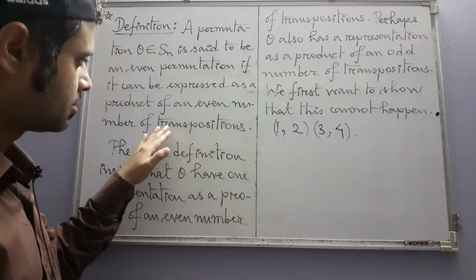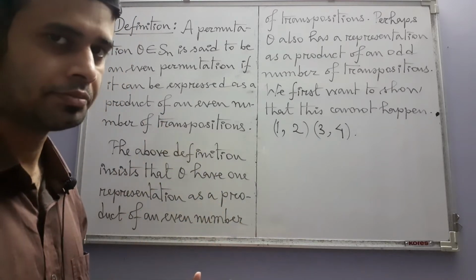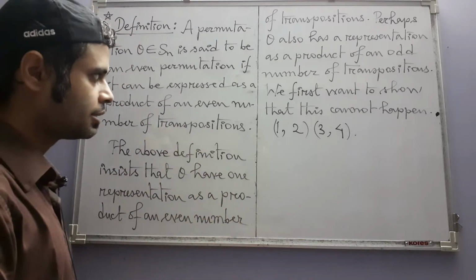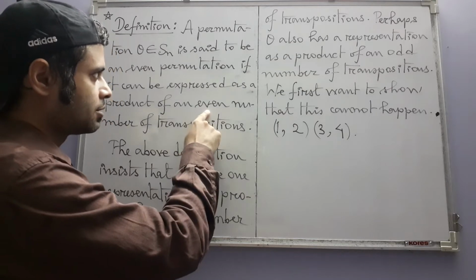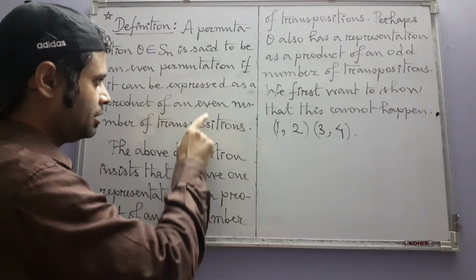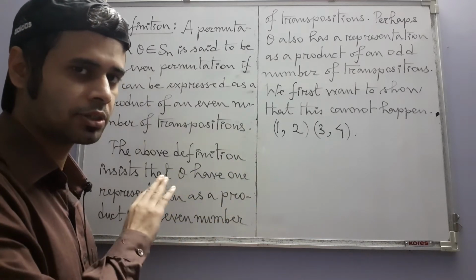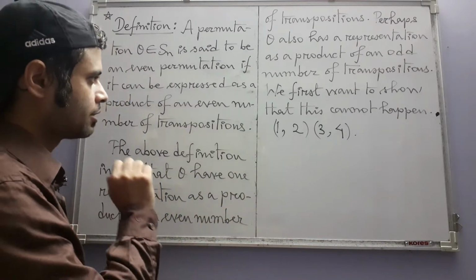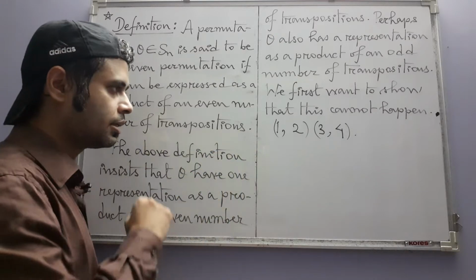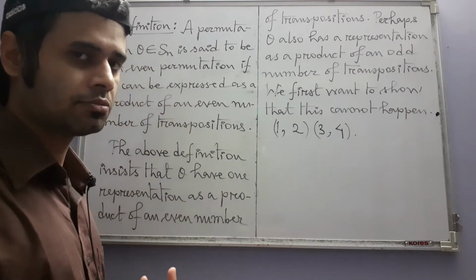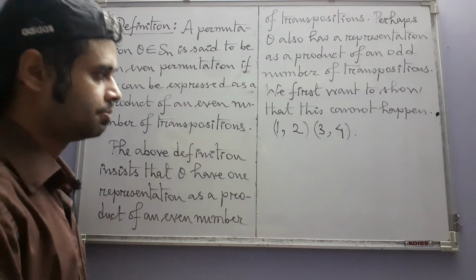That's what this definition is also saying. Because it's a definition, and evenness only means, at least one such representation is there, then we call such a permutation an even permutation. So that means if such a representation cannot be found, then it is not an even permutation.